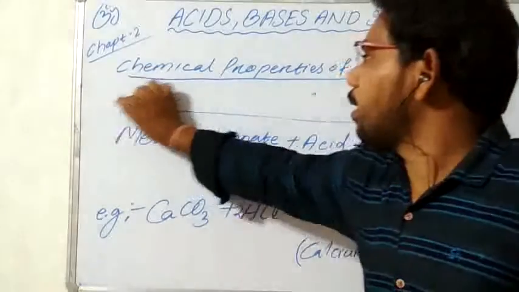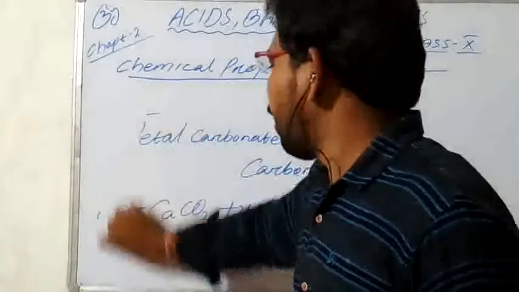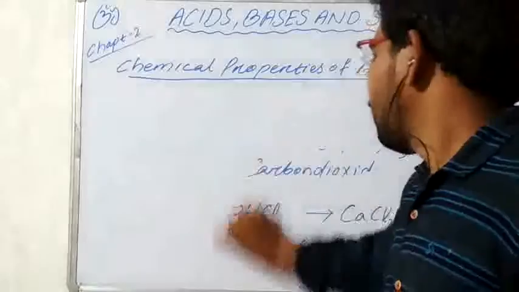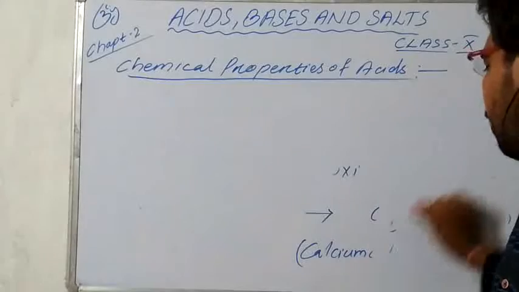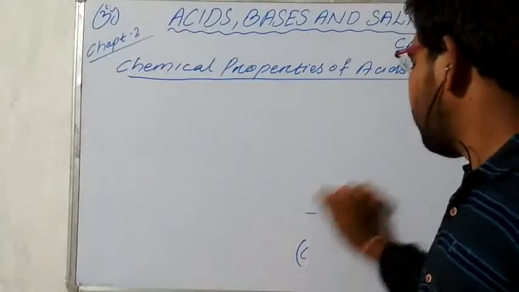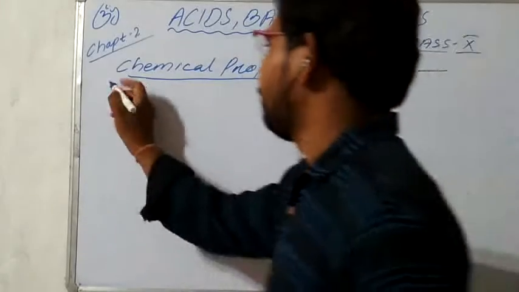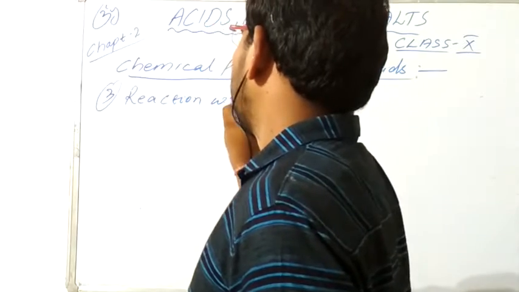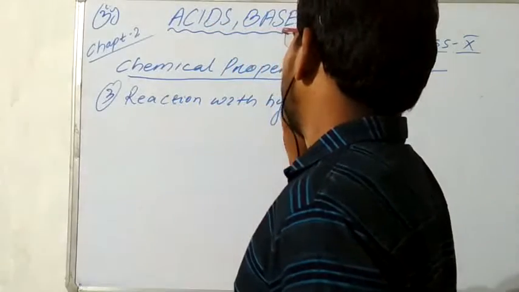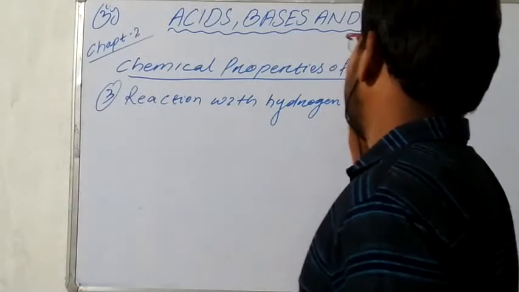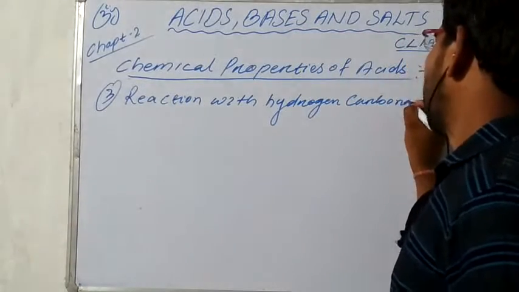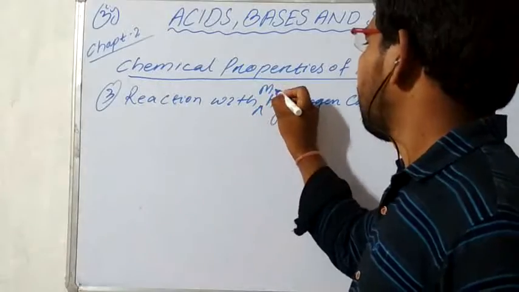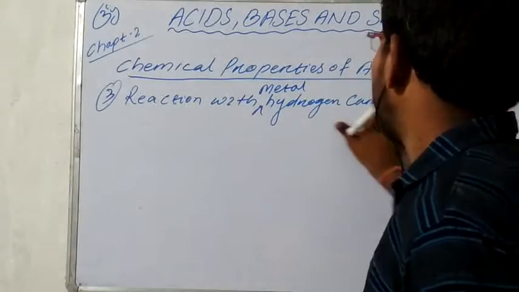So the next property is reaction with hydrogen carbonates or bicarbonates. Acids react with hydrogen carbonates or bicarbonates. Reaction with metal hydrogen carbonate.